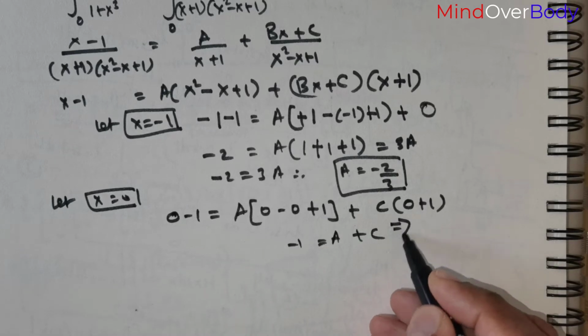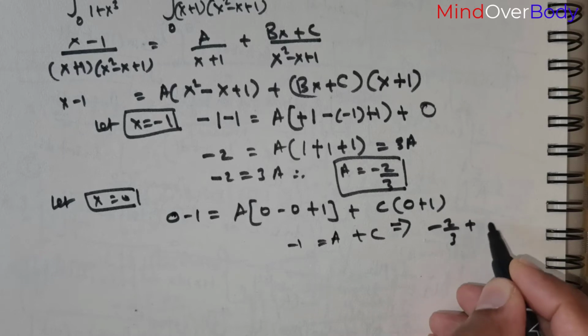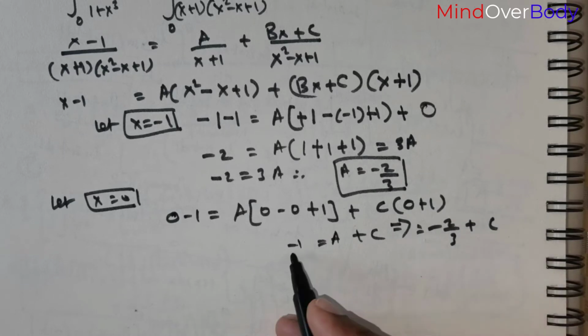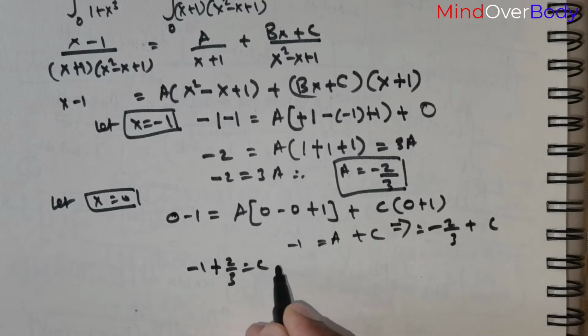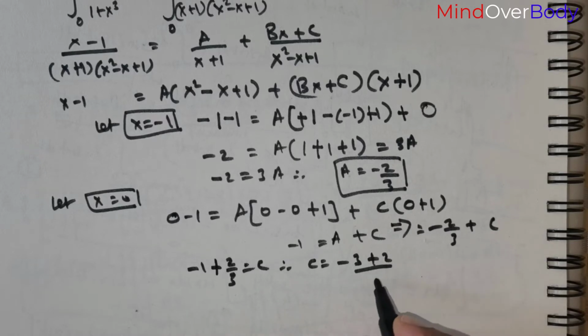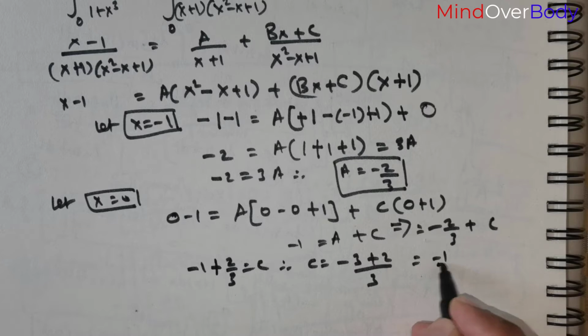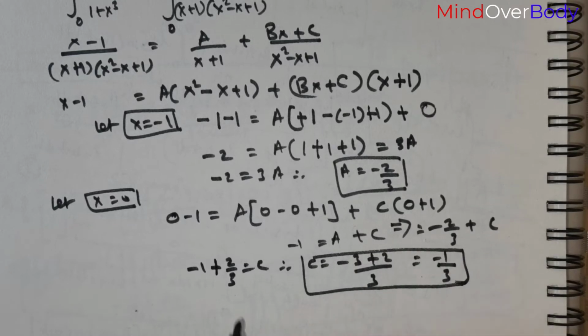But the value of A is -2/3, so -2/3 + C. Of course I got -1. So bring this to the left hand side. So it's going to be -1 + 2/3 is equal to C. So therefore C is equal to -3/3 + 2/3, which is -1/3. So this is the value of C.